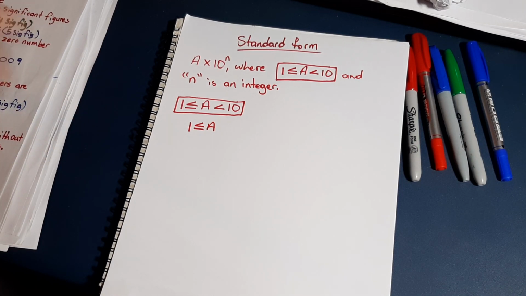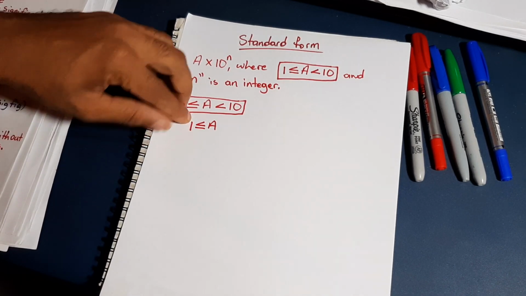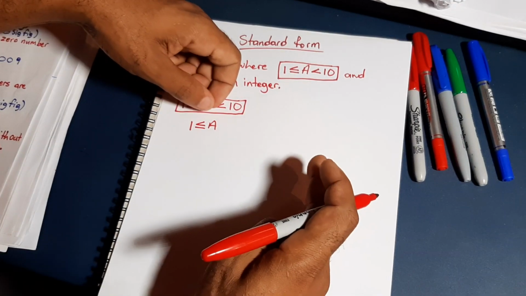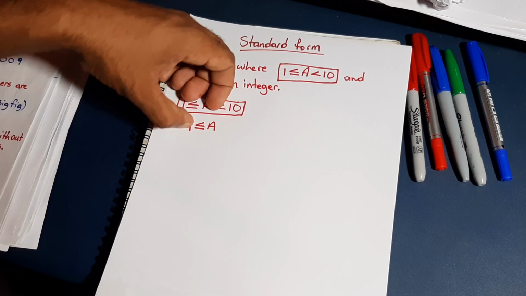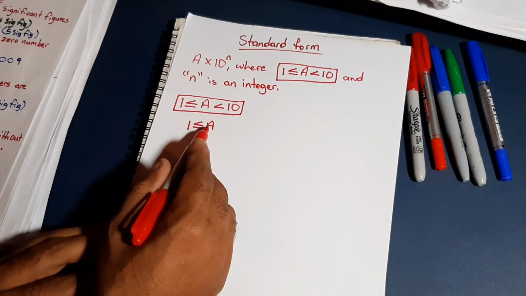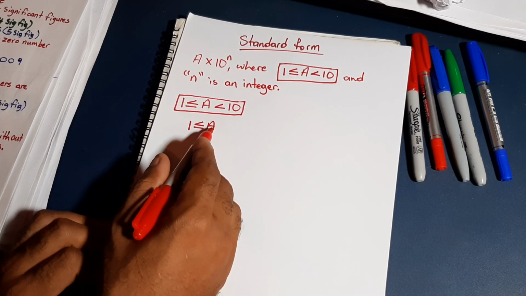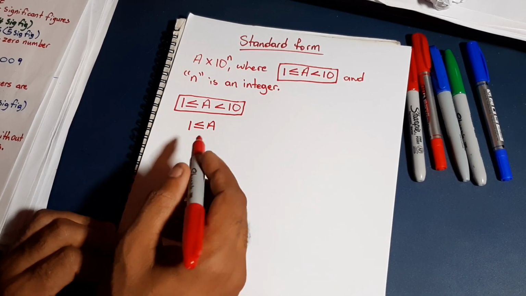If we're reading it with respect to the 1, we would say that 1 is less than or equal to a. But if we're reading with respect to a, we would say a is greater than or equal to 1. We want to read it with respect to a, because a should be the subject in this case.